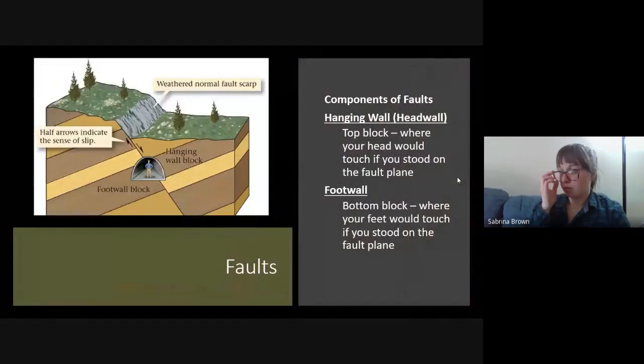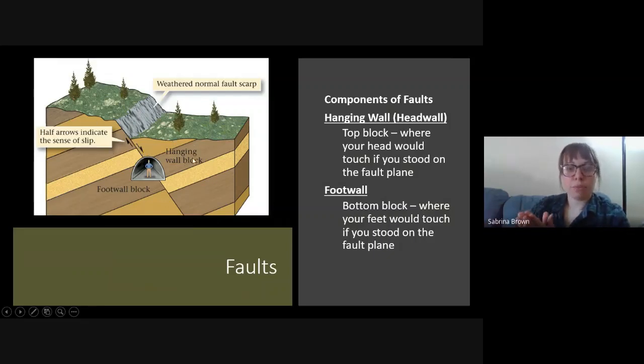All right, so talking a bit more about fault blocks and components of faults. So we have our fault line here. Where it's exposed at the surface up here, we would call that a scarp. Underground, we just call it a line. And we have our two blocks or our two bodies.